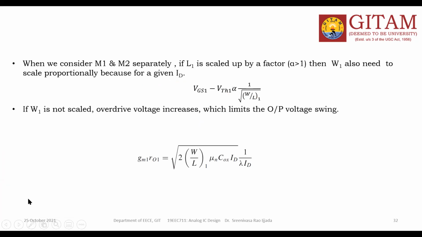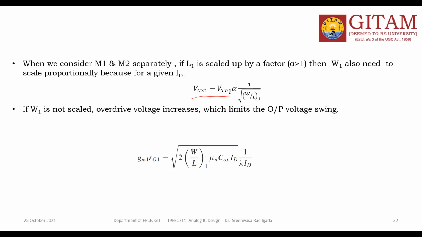If W1 is not scaled, as I said earlier, whenever you are scaling L1, W1 should be scaled proportionally. Suppose you do not scale it, then the overdrive voltage will increase, which limits the output voltage once again.